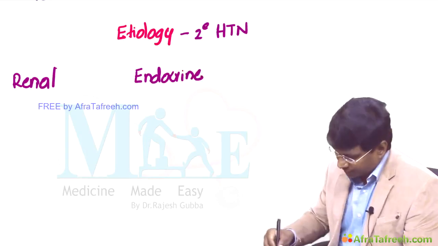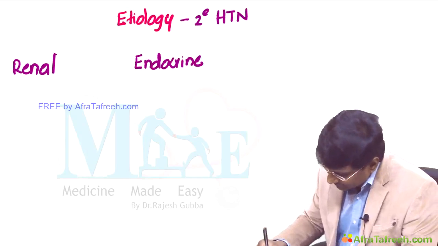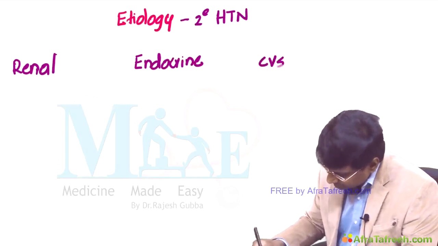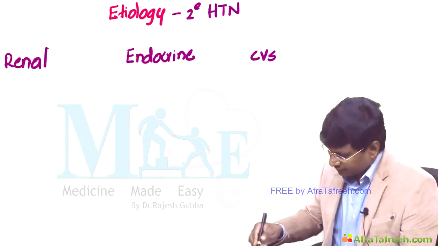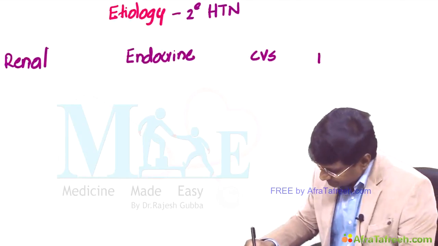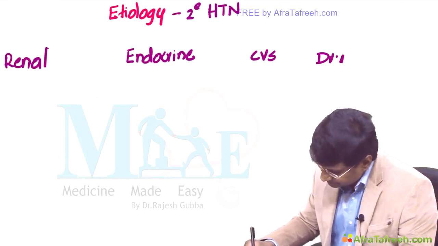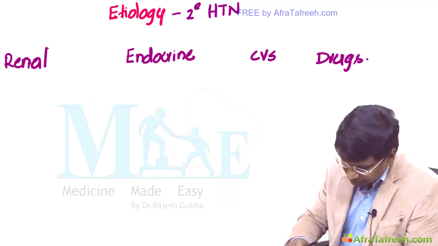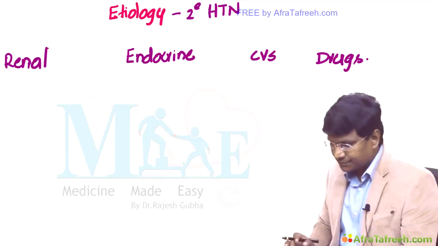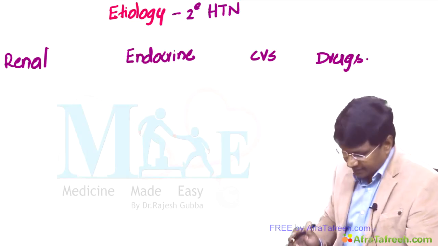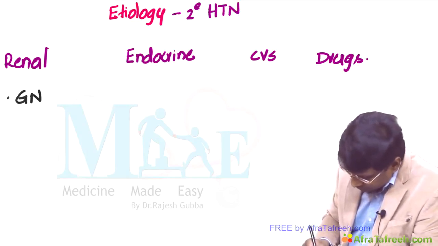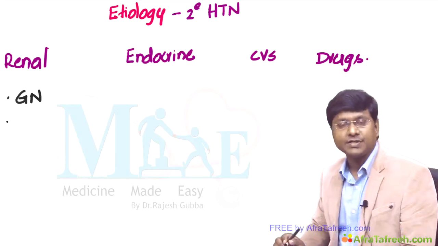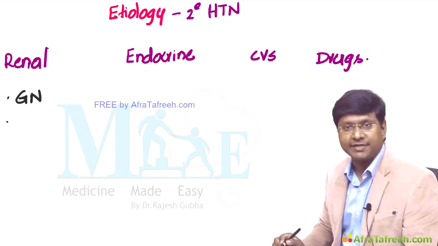Next to the endocrine causes, we have certain cardiovascular system causes itself. And later on, we have certain drugs as well. Now, first let me tell you the renal pathologies. The renal pathologies, as I have said, include glomerulonephritis. So, particularly chronic glomerulonephritis is the most common cause for your secondary hypertension.